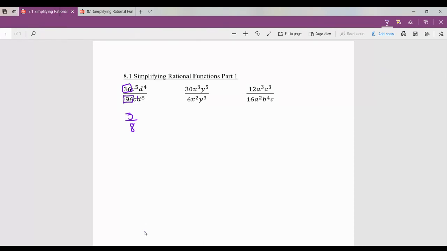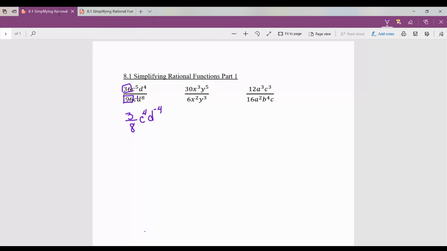Now, when we have these exponents, c to the 5th over c to the 1st, our rule is if they have the same base, we subtract those exponents. So it's going to be c to the 4th. And then we have d to the 4th over d to the 8th. So that's going to be d to the 4 minus 8, that's negative 4.